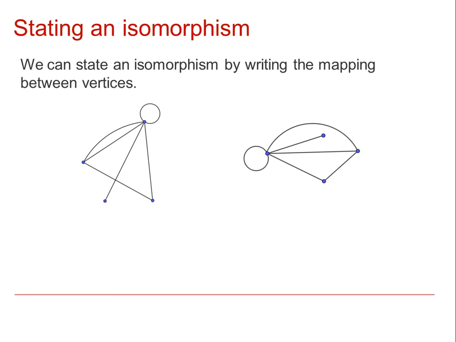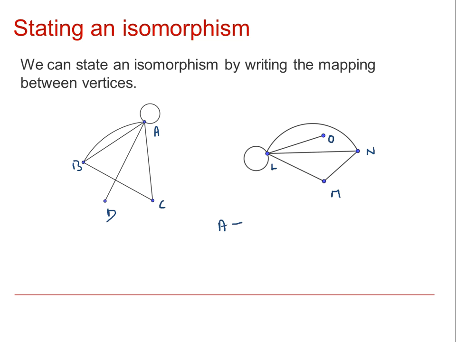So when you want to prove an isomorphism, then what you need to do is to make sure that you get the corresponding vertices highlighted and connected together. So for example, if this one was labelled A, B, C, and D, and then the other one was L, M, N, and O, then we can see that A and L are the nodes of order 6.